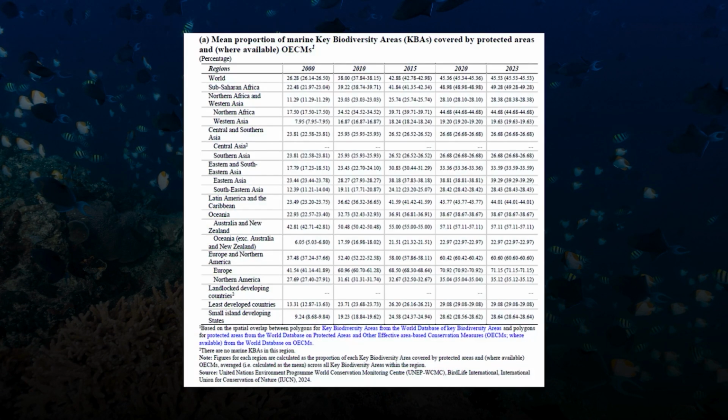Here we also see the mean proportion of marine key biodiversity areas covered by protected areas, wherever data is provided by different nations. It is increasing from 26.28% in 2000 to 42.88% in 2015 and 45.53% in 2023.